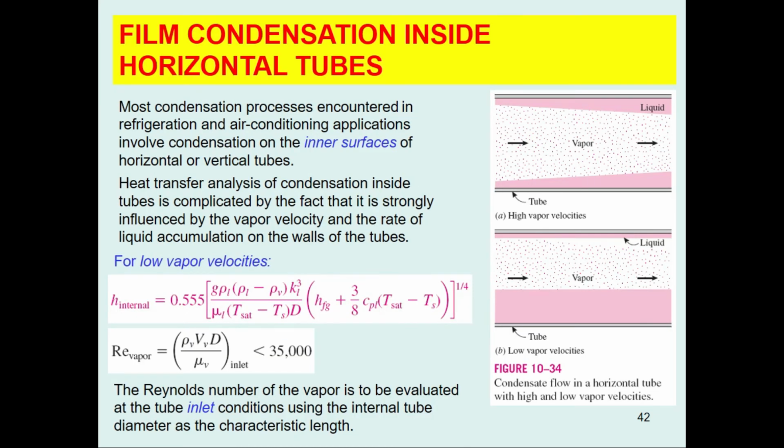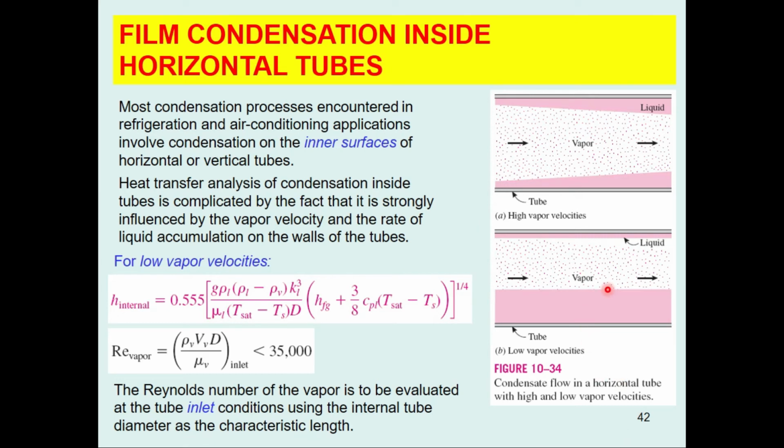Now let's discuss film condensation inside horizontal tubes. There are some cases in which we observe a combined flow of the vapors as well as the liquid inside the tubes, and it depends on the vapor velocities.